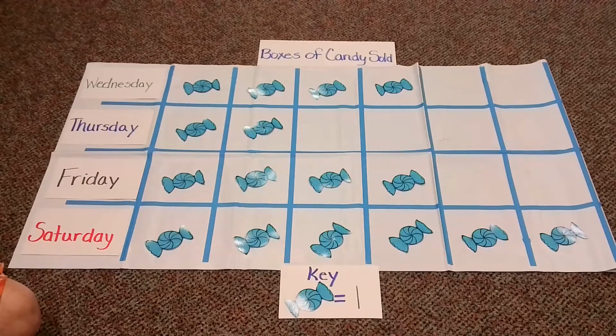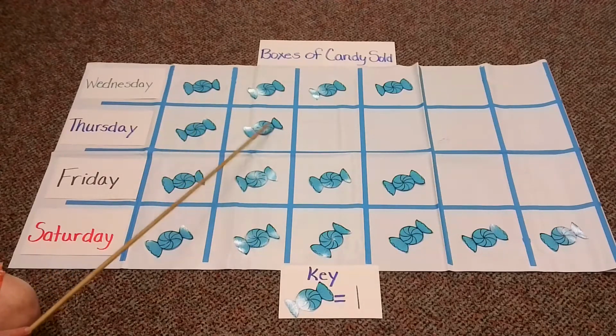If you're looking at this graph, where should your eyes go? It should go to Thursday. What should you be doing now? You should be counting how many candy pieces are after the word Thursday. 1, 2. So my question was, how many boxes of candy were sold on Thursday? Your answer should be 2.